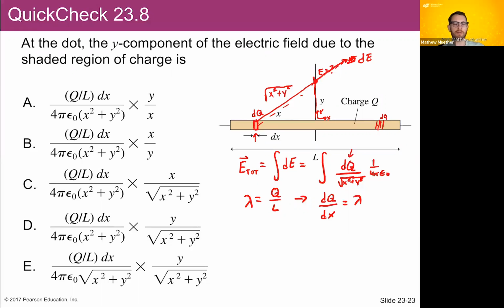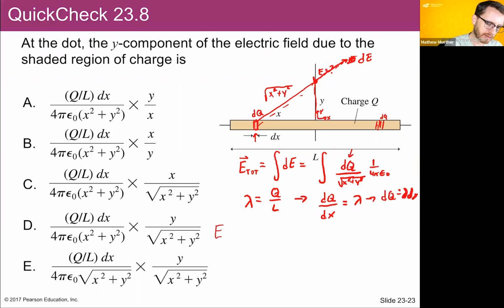It's a fixed material property. And this is great because now I have a translation that lets me write that dq is equal to lambda dx. So where I have that dq in my integral, I can replace it by lambda dx.